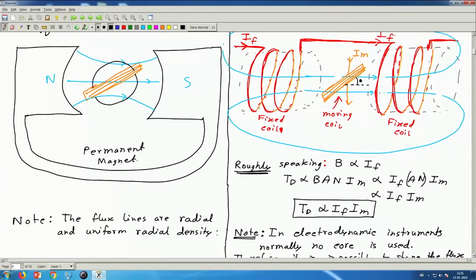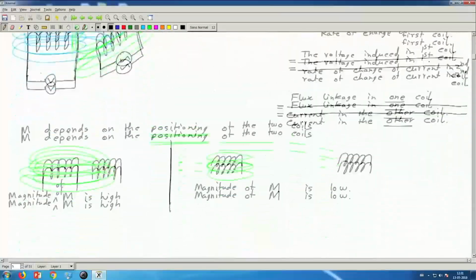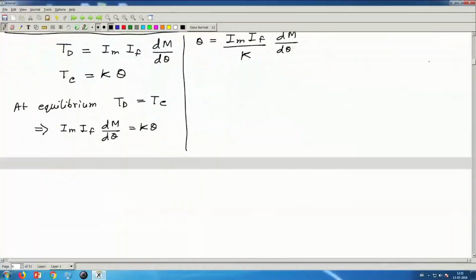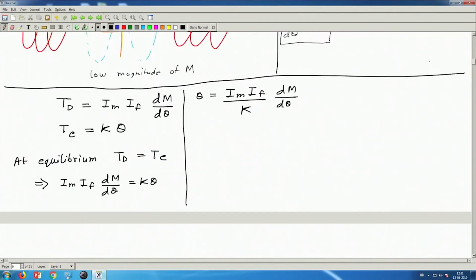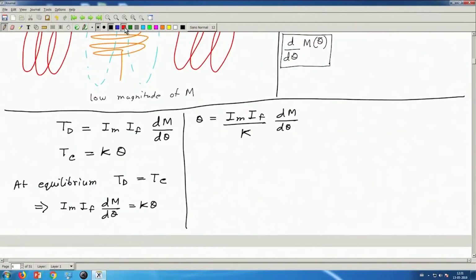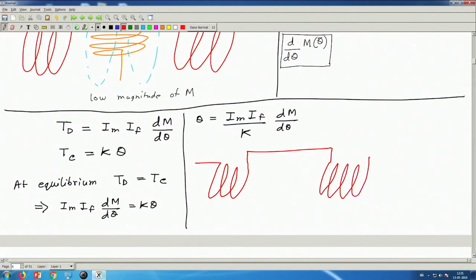So, a simpler way of using this instrument is to connect the two sets of coils both in series. Let this be my fixed coil, and let this be the moving coil.